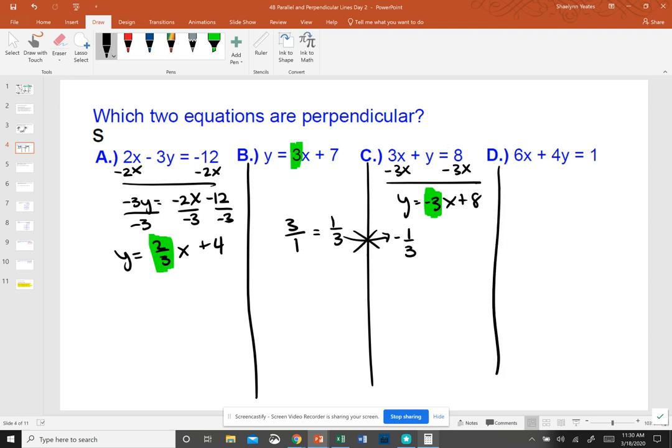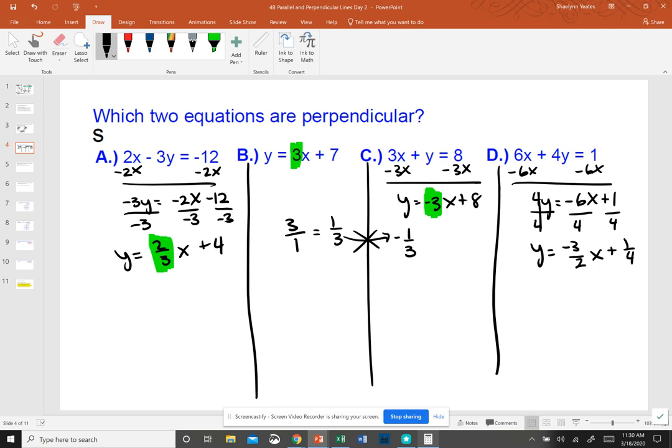Let's see if this one is going to be perpendicular to anything else. So let's subtract 6x from both sides. Okay, so I have 4y equals -6x plus 1. Now I'm going to divide everything by 4. And I get y equals, now -6/4 becomes -3/2 x, and then this would just be plus 1/4.